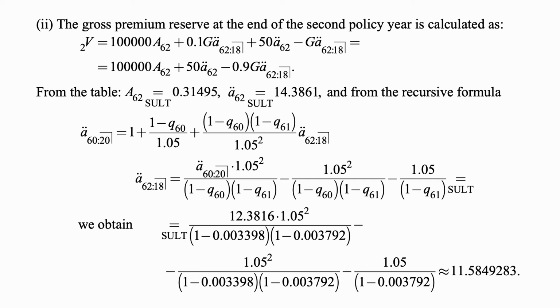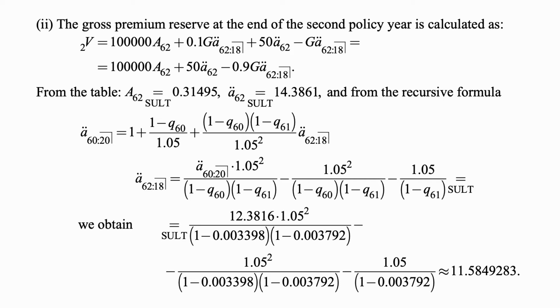So for a 62-year-old, for another 18 years, up to 18 years, as long as the person's alive. And if we rewrite this, this becomes 100,000 A62 plus 50 A double dot 62 minus 0.9 G A double dot 62 colon angle 18.